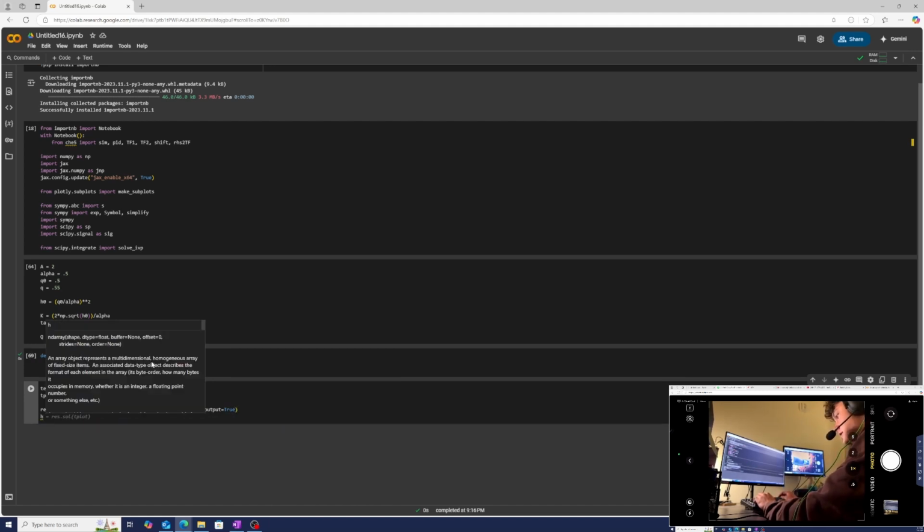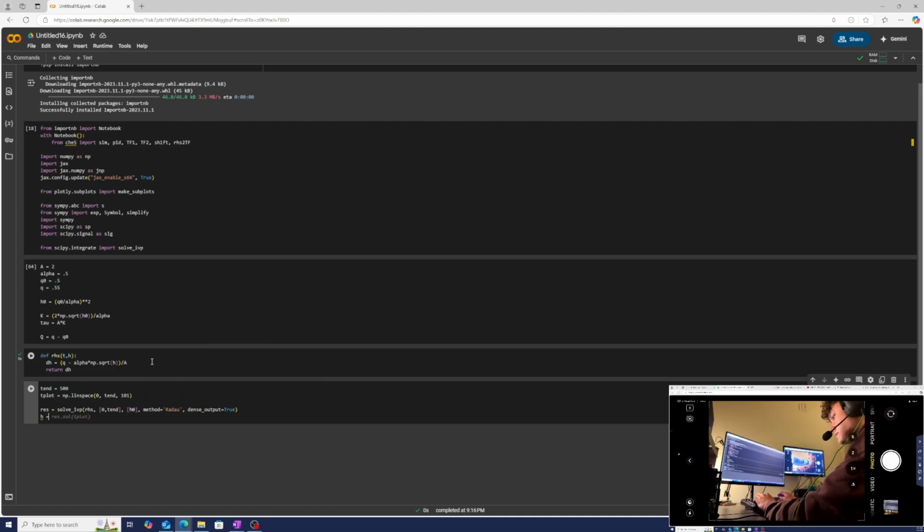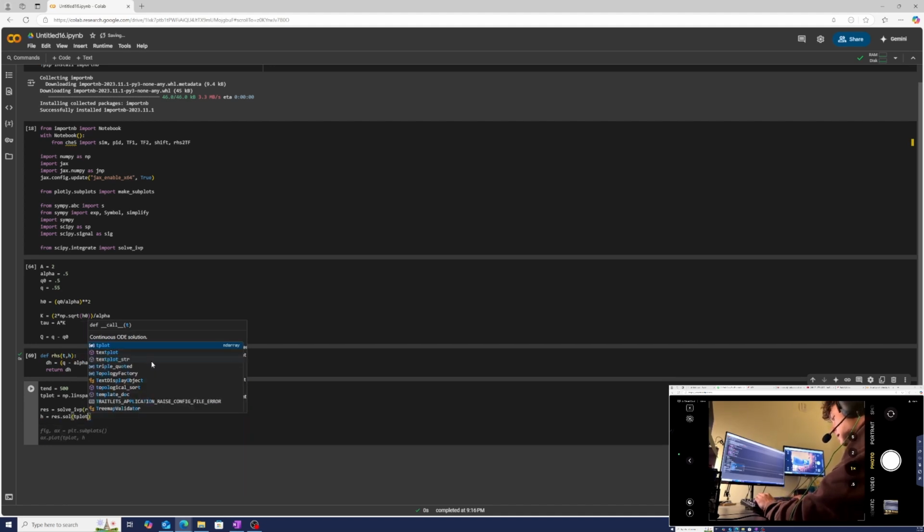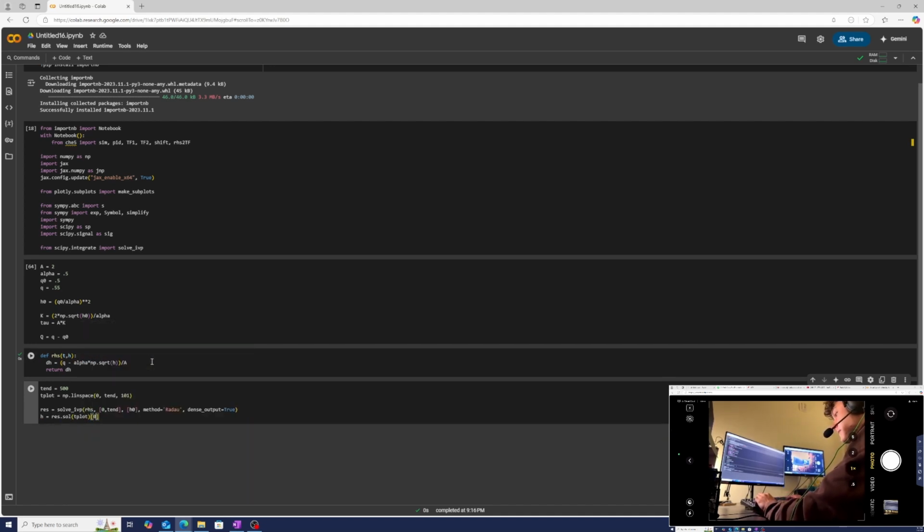So then our h's will be our res.sol of our t-plot and the first value in this.